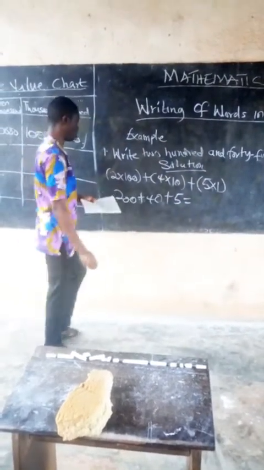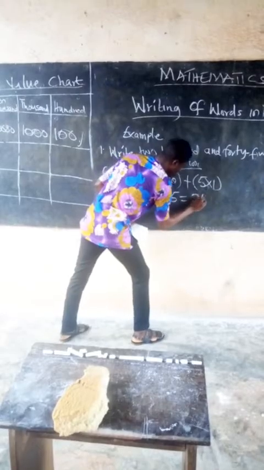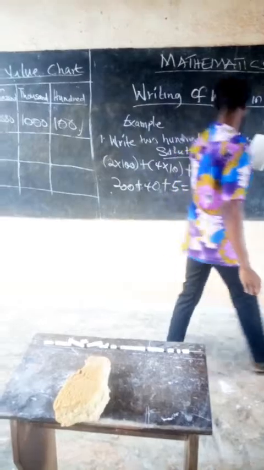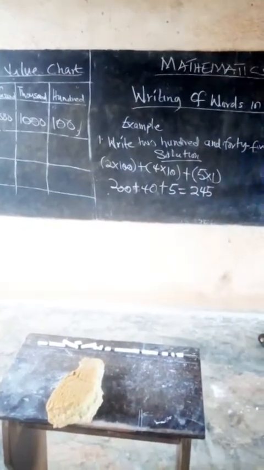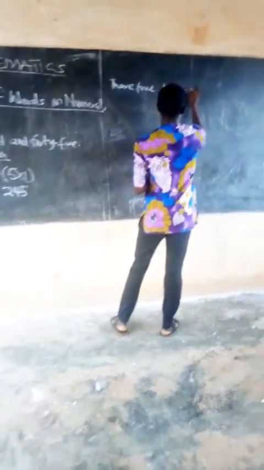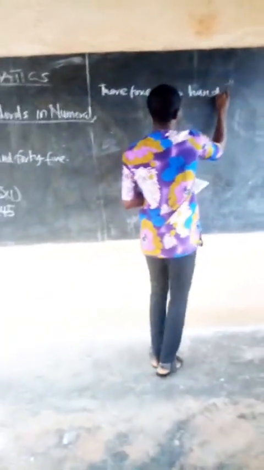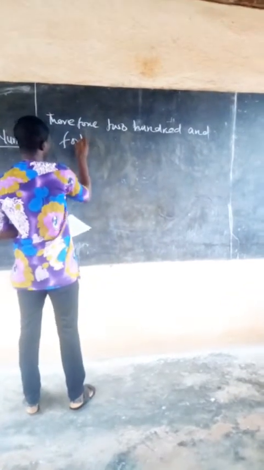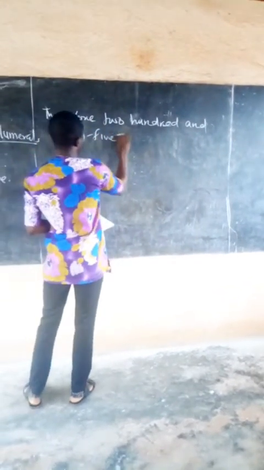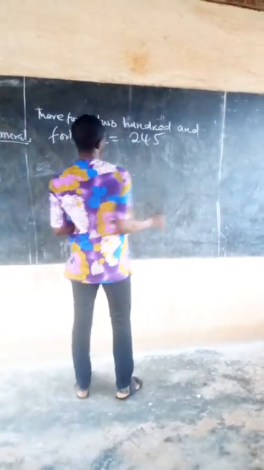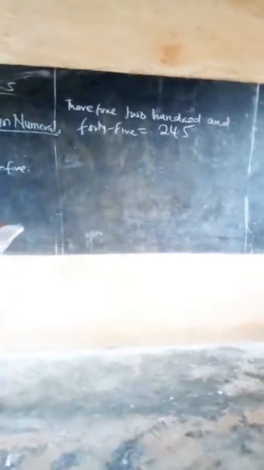Together, the final answer is 2, 4, 5. This is our final answer. Therefore, 245 equals 2, 4, 5. This is writing of words in numerals.